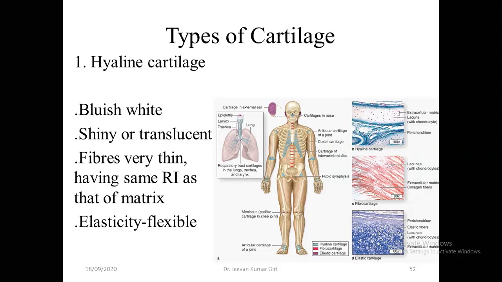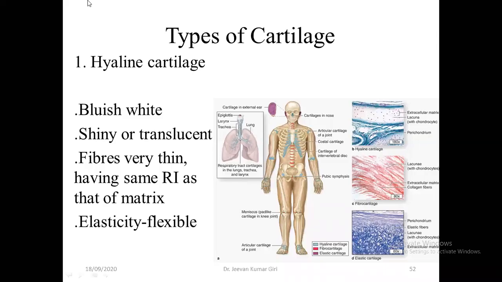The collagen fiber is very thin and has the same refractive index as that of the matrix, so the fiber will be invisible, less visible here. The type of fiber present here is collagen fiber only. Then if you see the elasticity of the cartilage, it is slightly flexible.